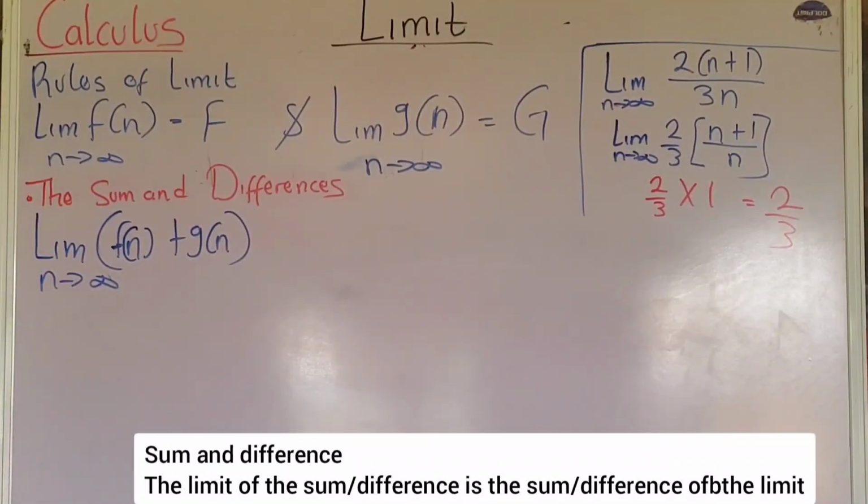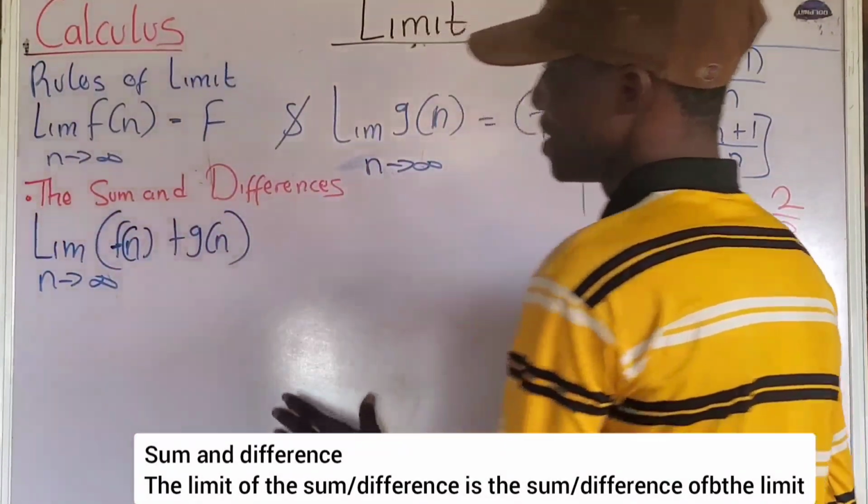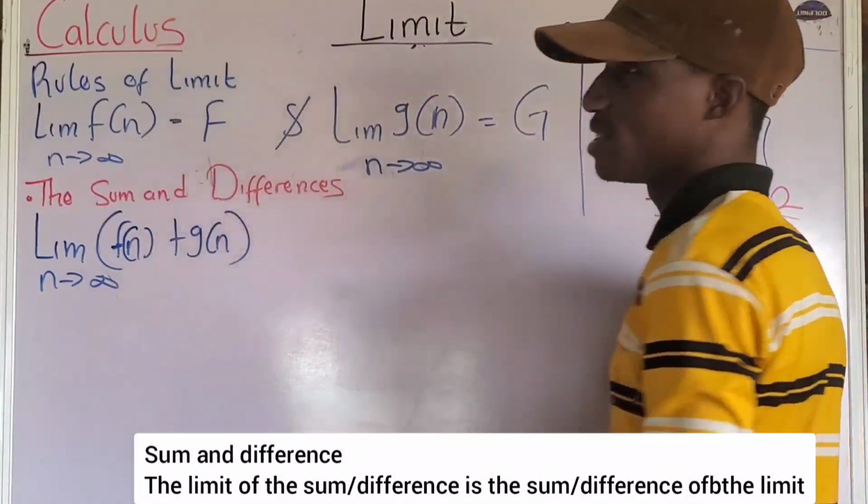Now we want to talk about sum. According to this, you can see that the sign between function f of n and function g of n is what? Addition sign. That means it is sum.